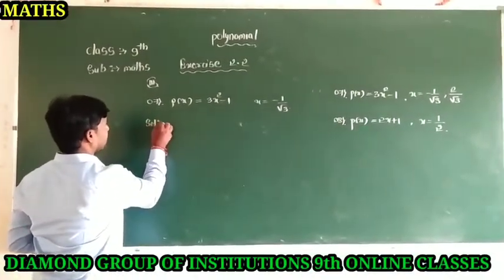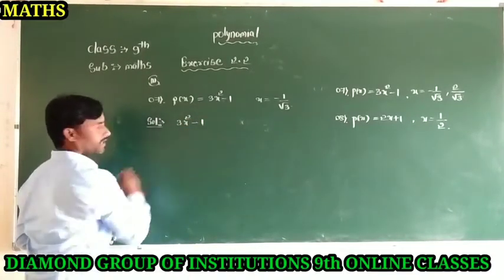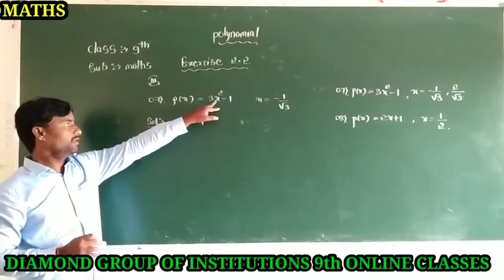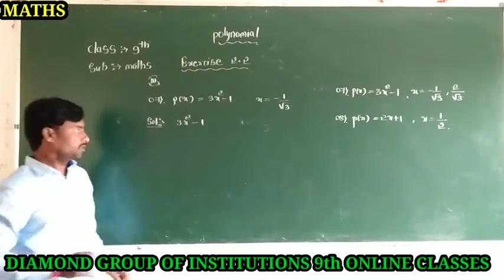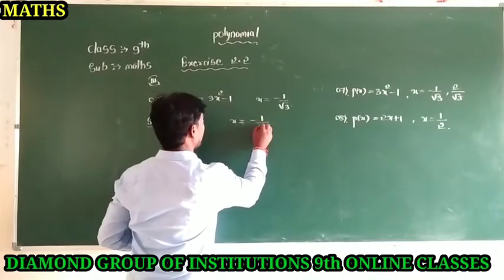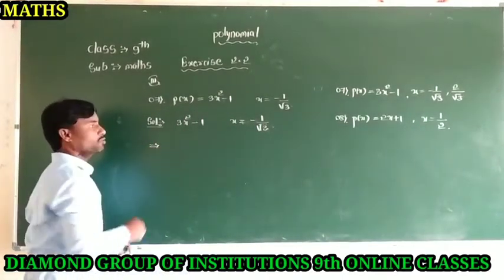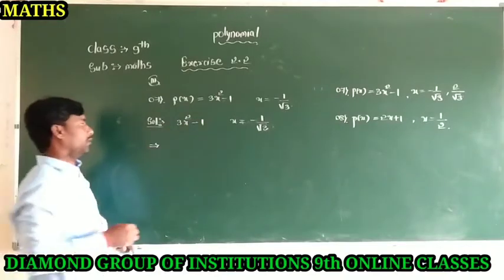So p of x, what is given? 3x square minus 1, dear students. So the polynomial is 3x square minus 1. So next here x is equal to minus 1 upon under root of 3 is given, dear students. So where is the x, there substitute the value minus 1 upon under root of 3.